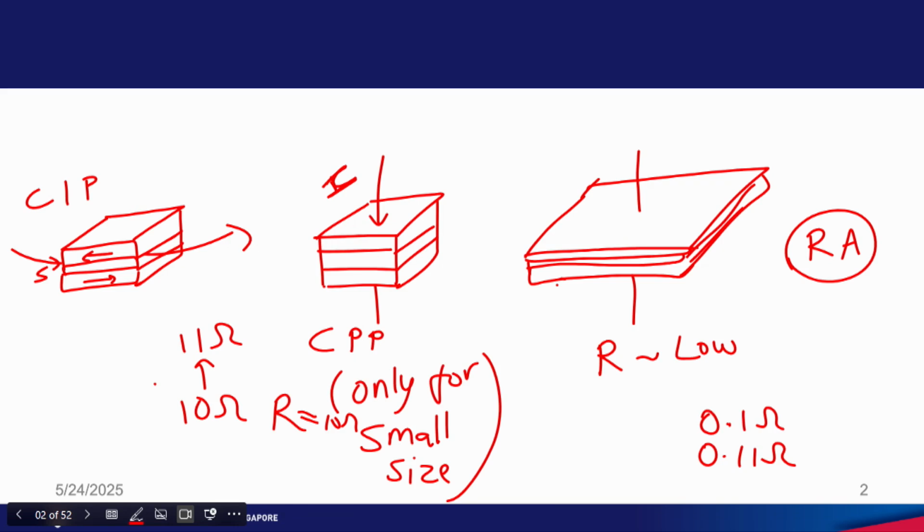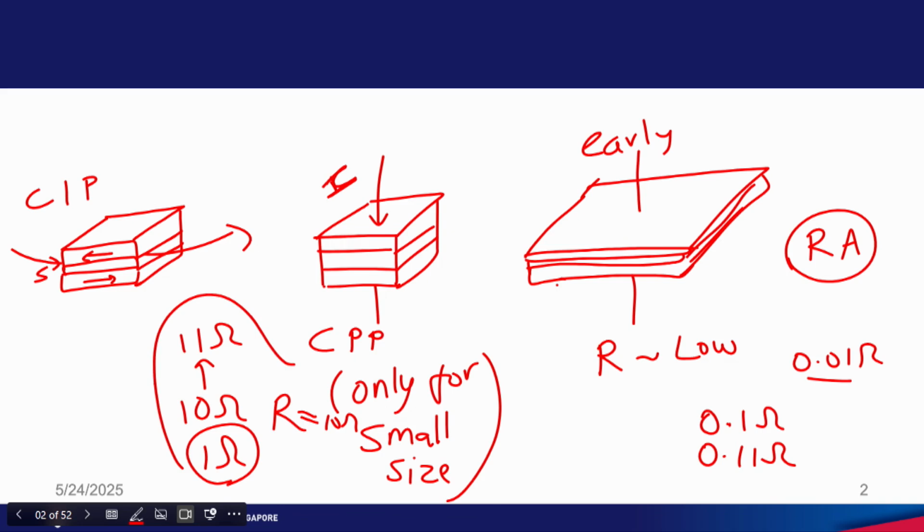So, the difference is now 0.01 ohm, which is too small to read, whereas here 1 ohm is easy to read. Because of this reason, CPP was not useful at low densities. In the early days of hard disk, we were using bigger heads, so it was not useful, but when we go to high density, we are making the heads smaller and smaller. At that point of time, this becomes useful. So, that is one thing.